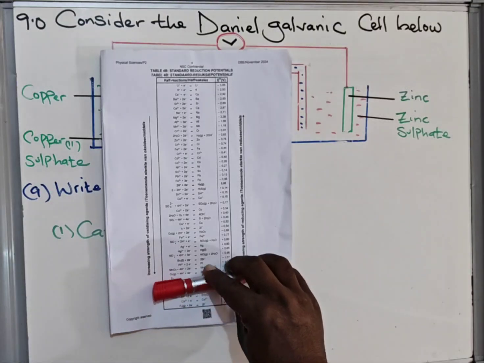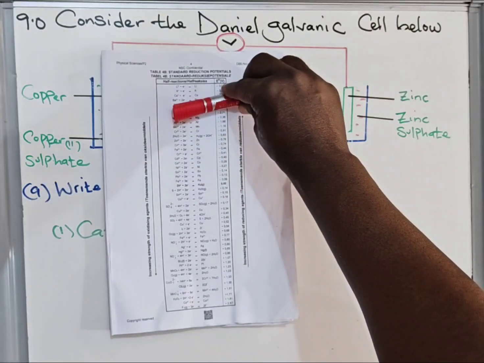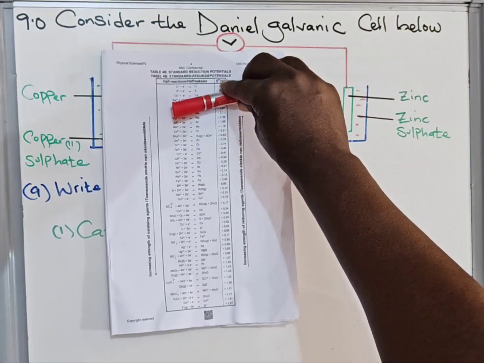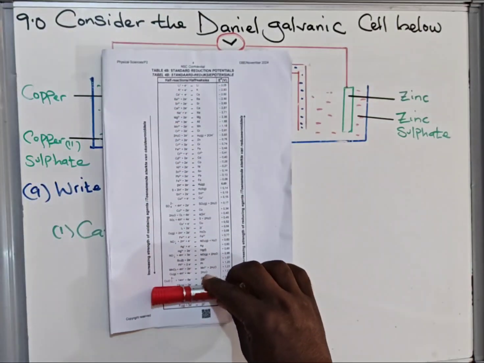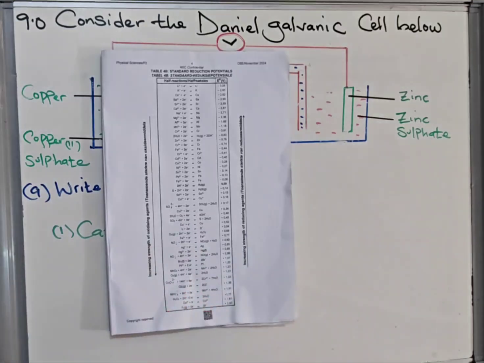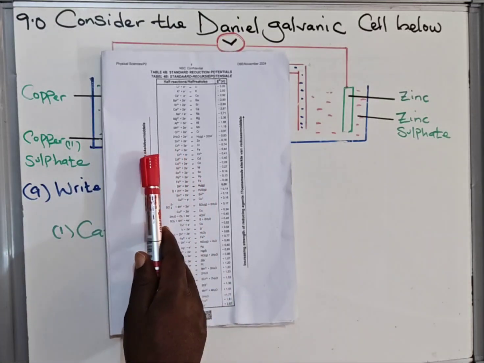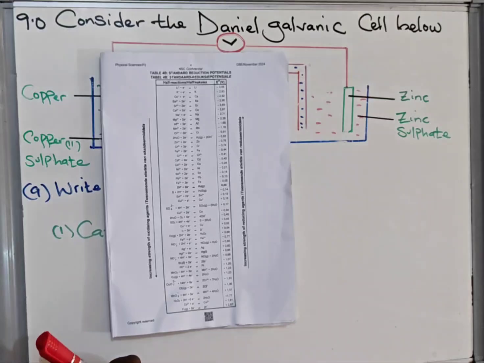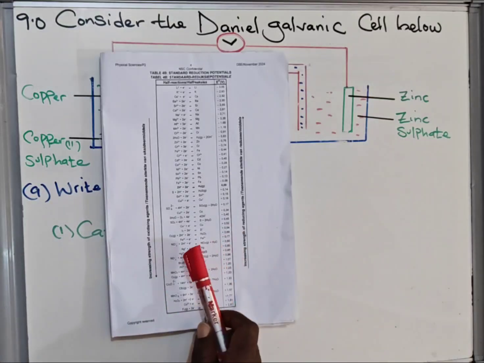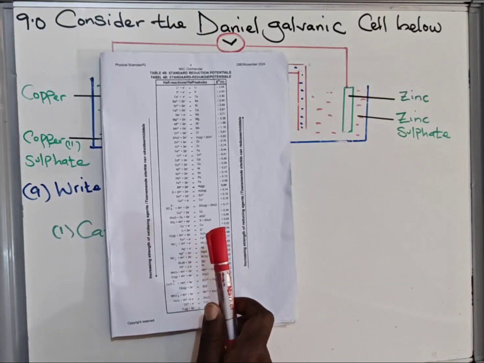With Table 4B, you have to remember that what you have at the top are strong reducing agents, and what you have at the bottom are strong oxidizing agents. We are looking at two elements under comparison here: copper and zinc.